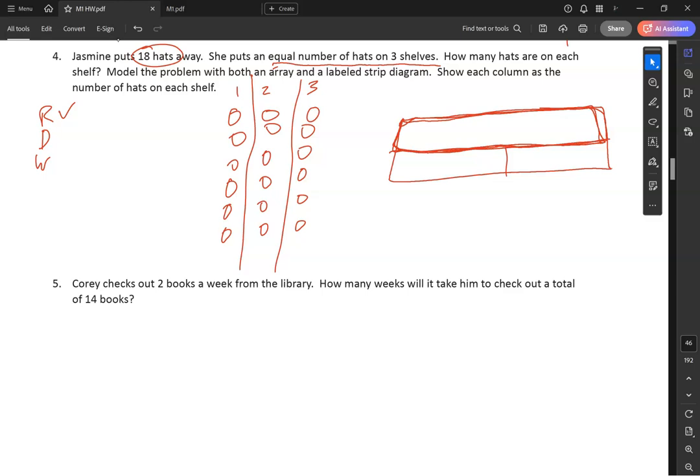So our total is 18. So we have 18 here. Okay, we have 3 shelves. So that's the amount of groups. So 3. And we know that 3 times 6 is 18.